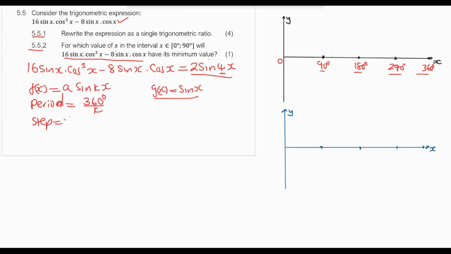Just say period divided by 4. So in this case, it's 360 degrees divided by 4. Do you see that it's giving us our 90? So our step is going to be 90. It's like counting in 90s: 90, 180, 270, 360. And then we can sketch the graph of sine x.